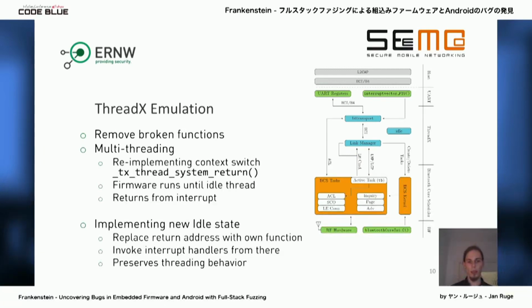So the way we did this is we have overwritten this return address on the stack with our own function that is then called. And in this function, we can then invoke new interrupt handlers to trigger new behavior. And this preserves all of the multi-threading of the firmware, so this is completely untouched. And yeah, that was quite nice.